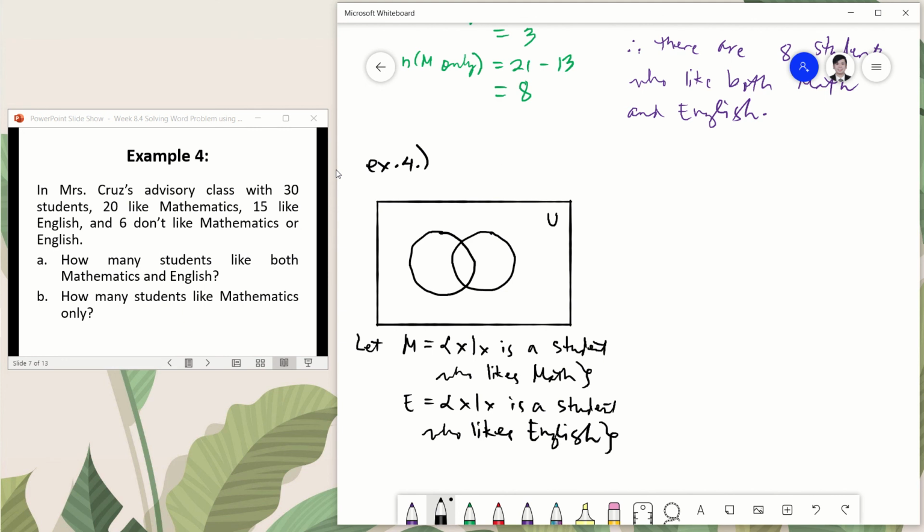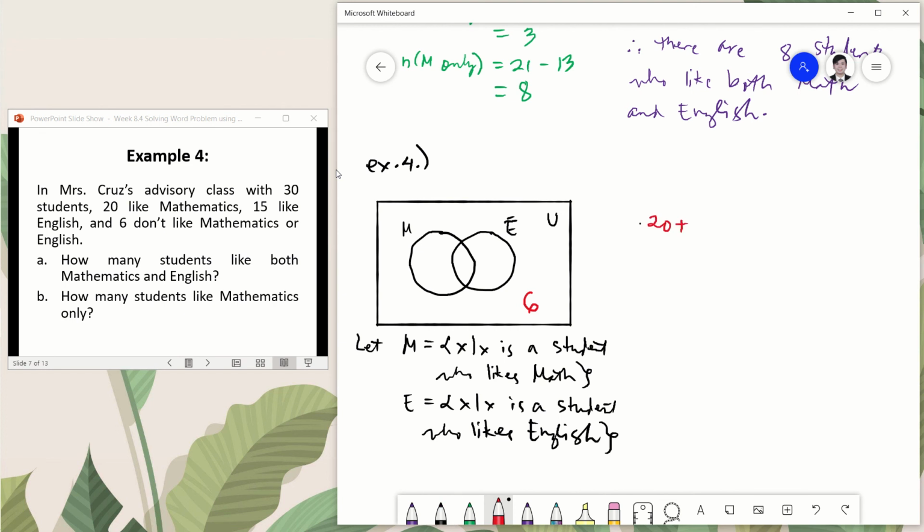So we know that there are 6 students who don't like math or English. So you can easily put 6 outside the two circles but inside the rectangle. This is M, this is E. As I said a while ago, you can identify the intersection right away, those students who like both math and English, by adding the 20, those who like math.